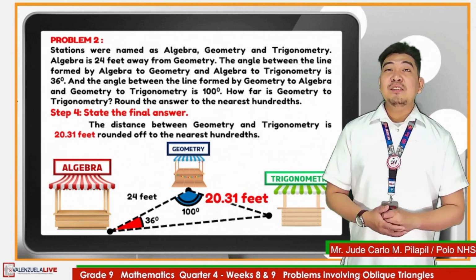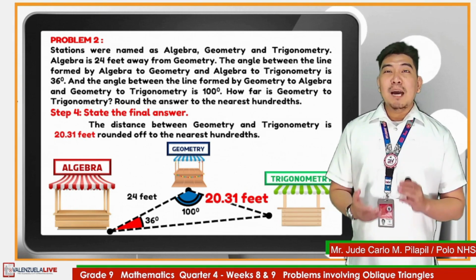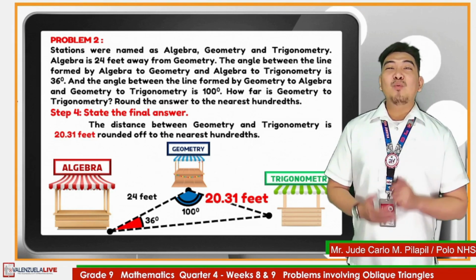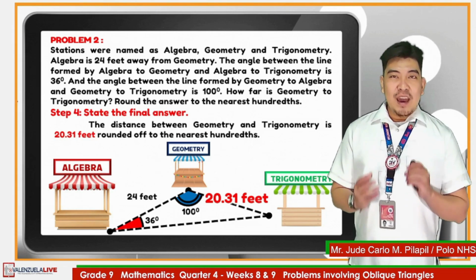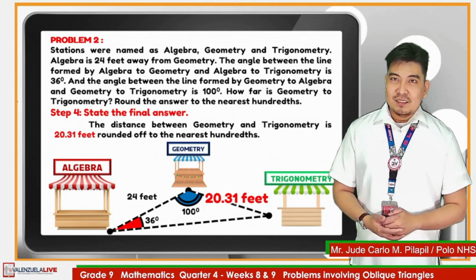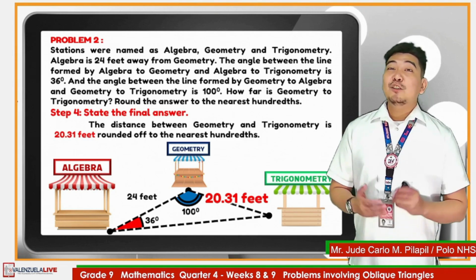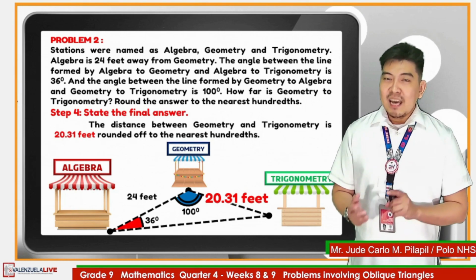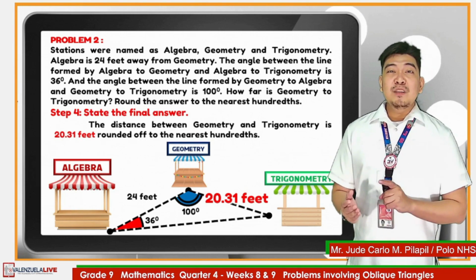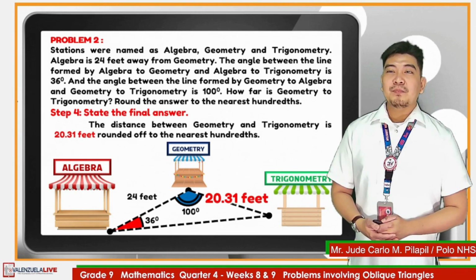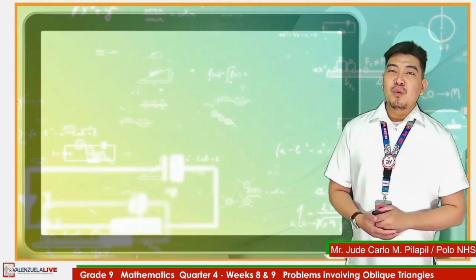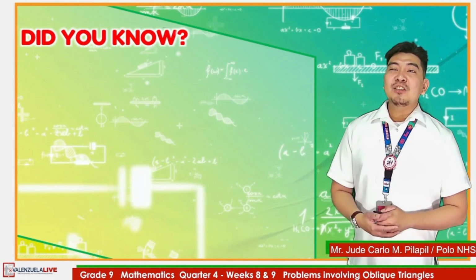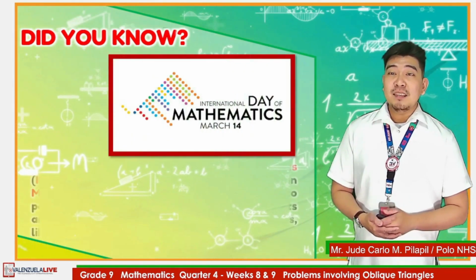During the face-to-face classes, the well-known MTAP or MMC is one of the most awaited events by math enthusiasts. In this event, students compete by answering math questions in written and oral form and in individual and group categories. But did you know that there is an International Day allotted for mathematics?